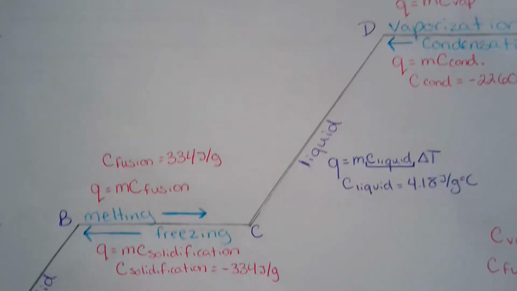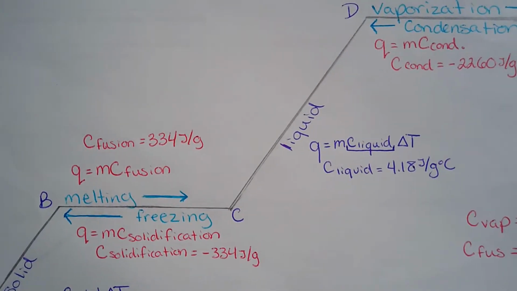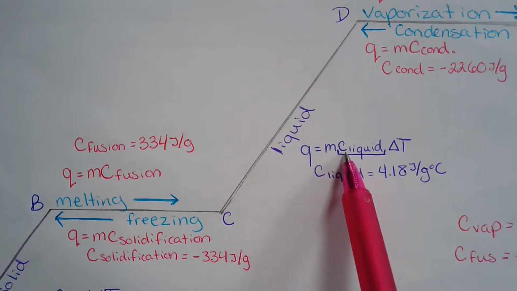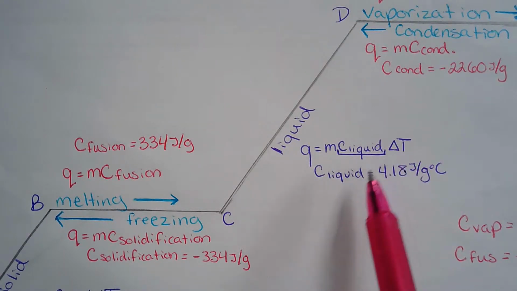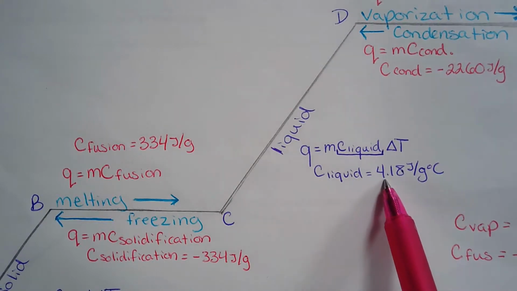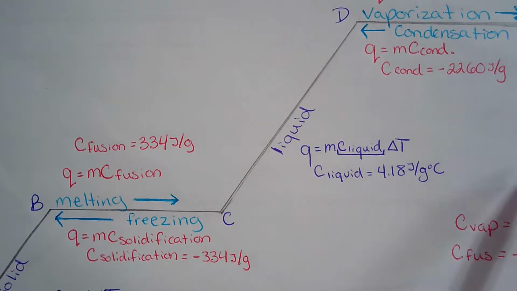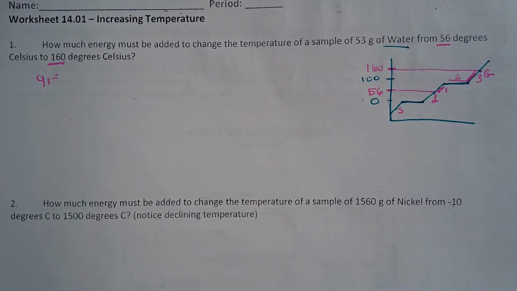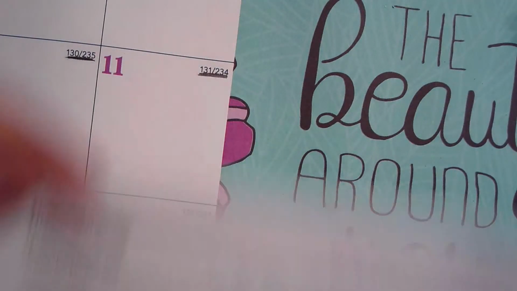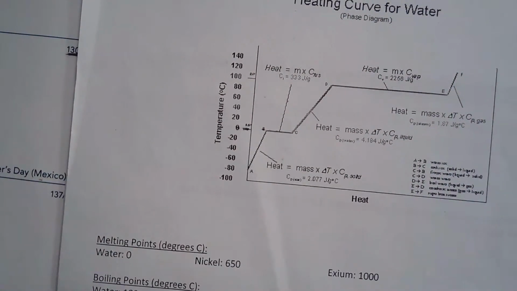If we look here at our more detailed heating curve, we're going to use the equation Q equals MC liquid delta T. And the specific heat of liquid water happens to be 4.18 joules per gram degree Celsius. You can also find this number on the front of your packet.